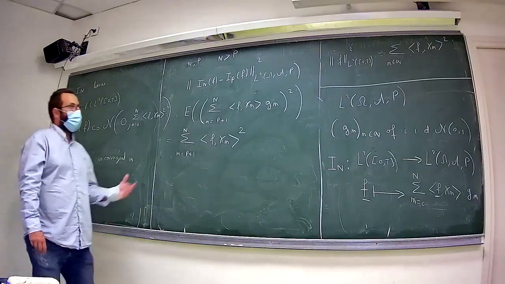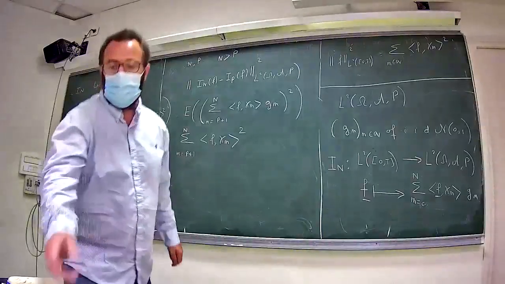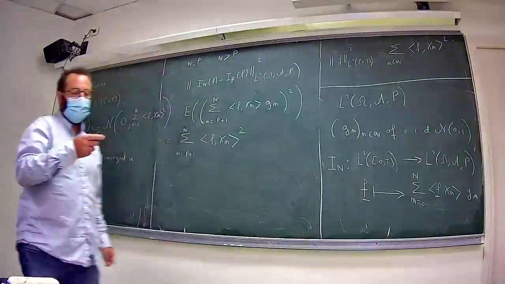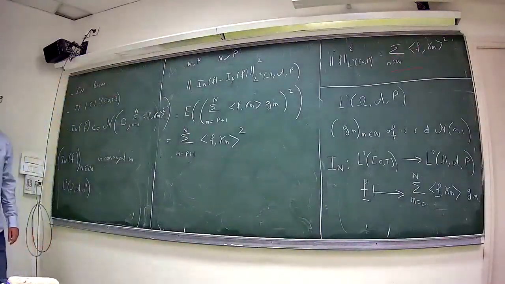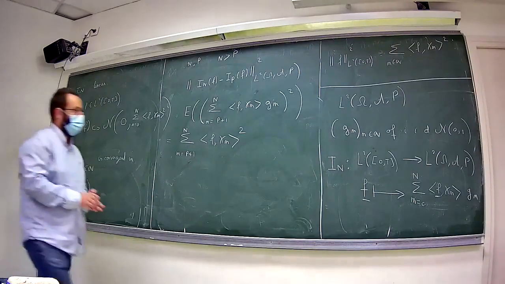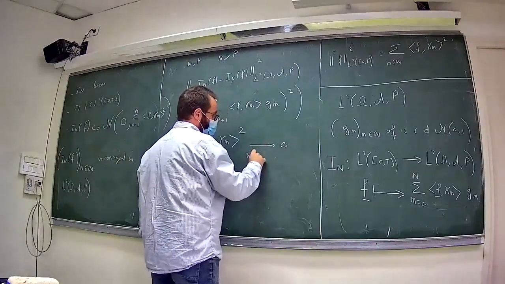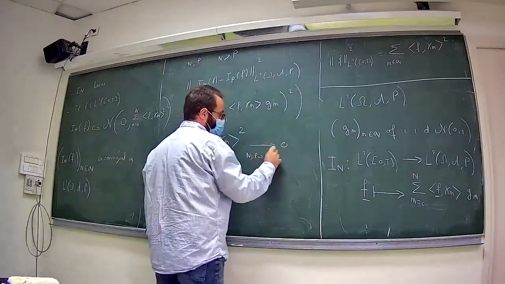But what can you say about this one? You have again what happened on the board here. I know that this sequence is convergent here. This infinite sum is well defined, implying that the sequence of the partial sums is convergent and so is Cauchy. This one goes to 0 when n and p go to plus infinity.